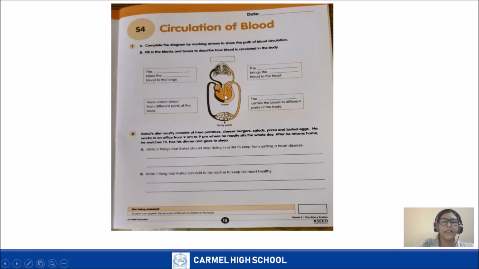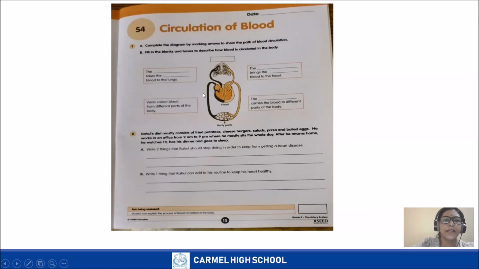Here they have given the diagram of the heart and the lungs with different blood vessels colored with different colors. So here you can see you have to show with arrows. The direction of the arrows will represent the flow of blood from heart to lungs, and again from heart to different parts of the body.